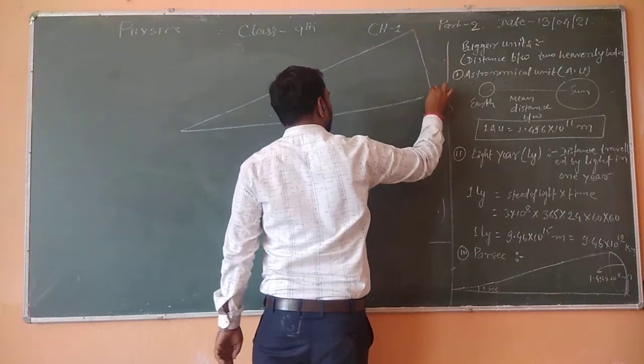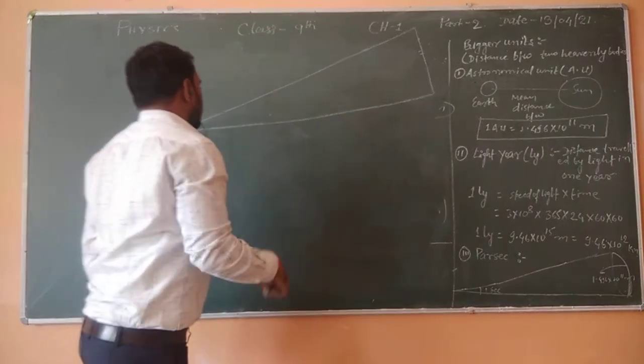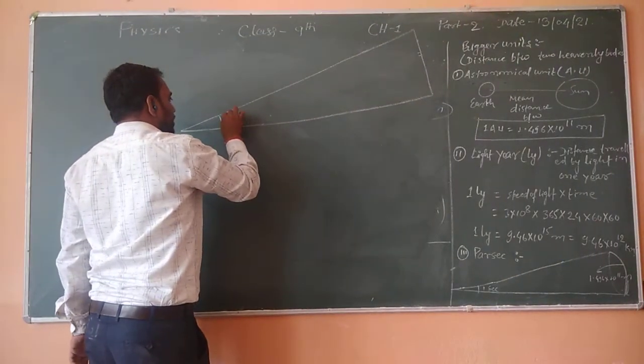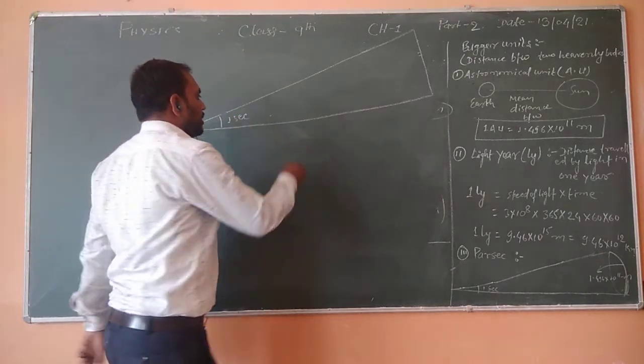Parsec is basically a distance, an arc length. This is the arc length, this is the angle of 1 second. We will make an angle of 1 second.